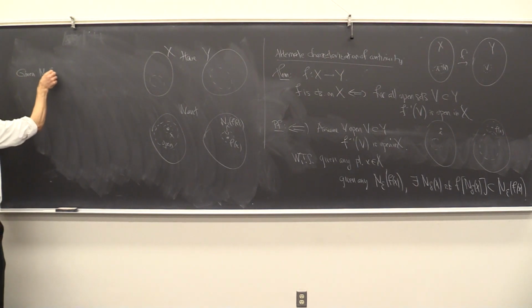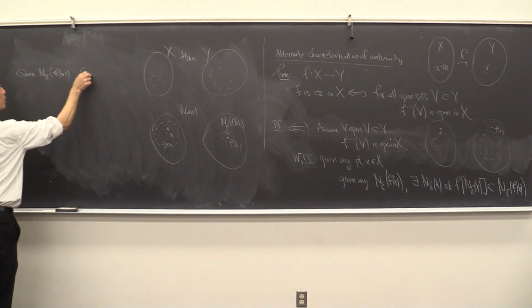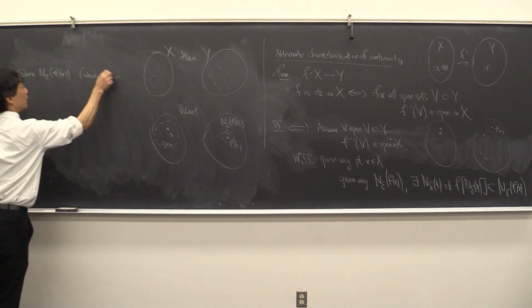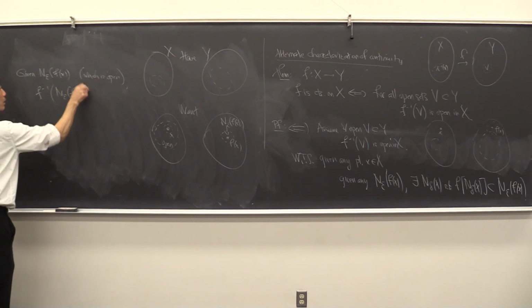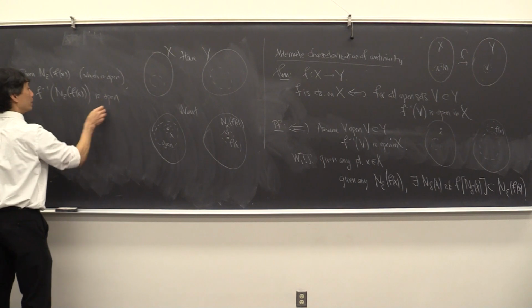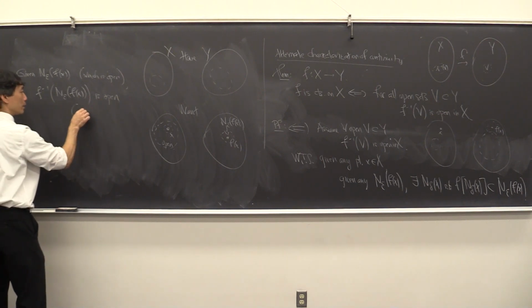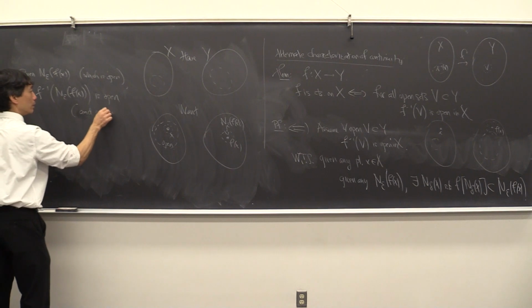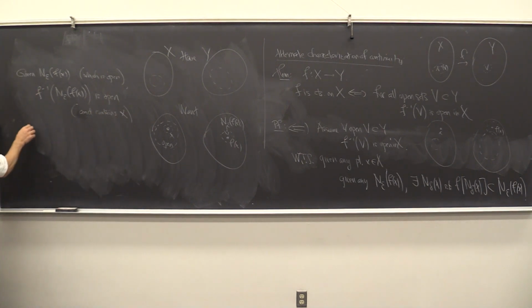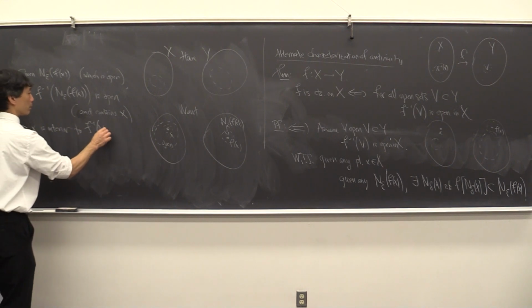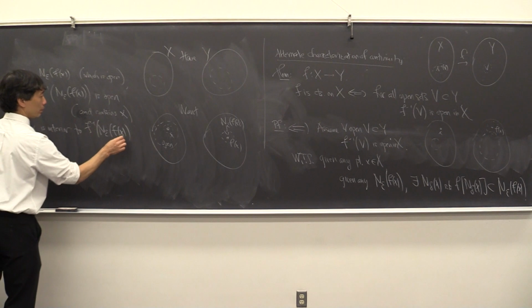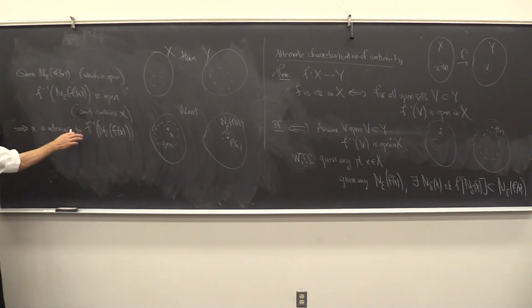So given the epsilon ball, which is open, you know that the pre-image of the epsilon ball is also open and contains X. So X is interior to it.